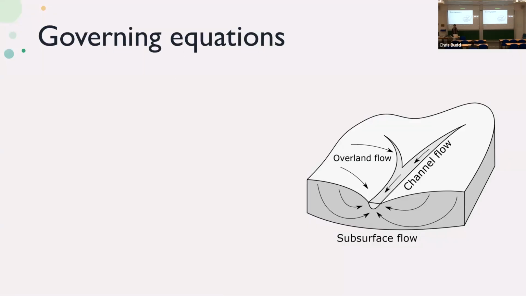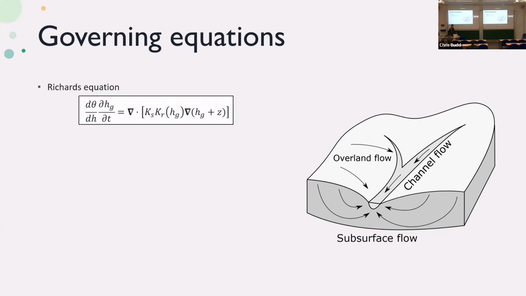The governing equations which describe our flow components are the Richards equation, which describes the subsurface flow. This is nothing else than the continuity equation, with the derivative of soil saturation with respect to time equal to the divergence of the flow, which is given by Darcy's law.